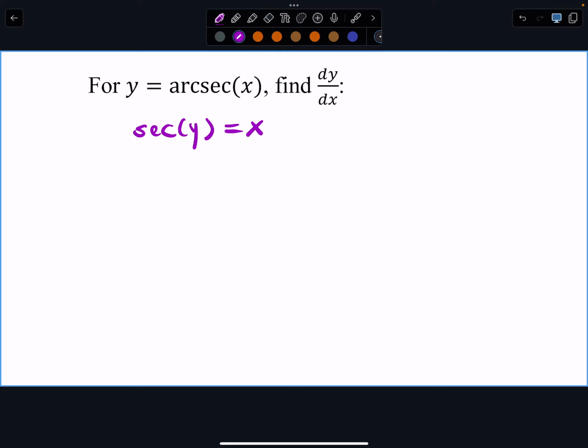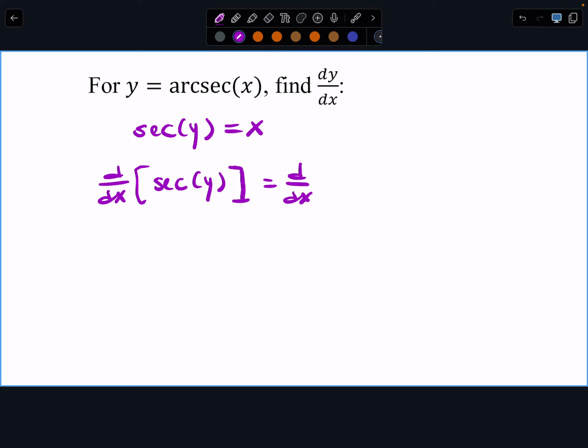Cool. All right, so rewriting y equals arc secant of x as secant of y equals x. Okay, this is the same thing we've been doing, using implicit differentiation. What's the derivative of secant, you guys?